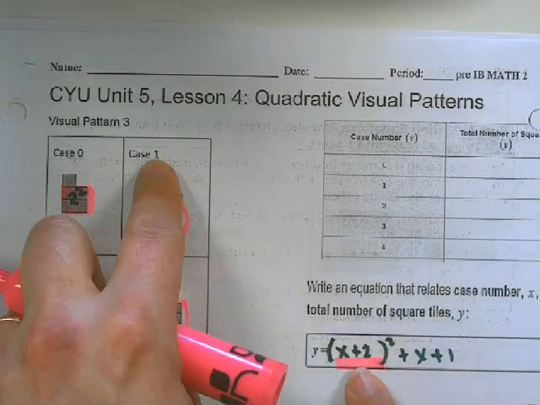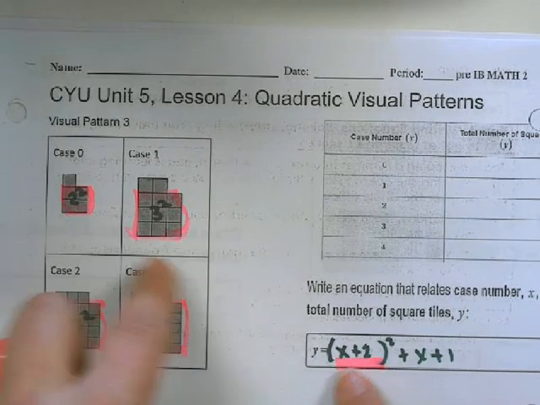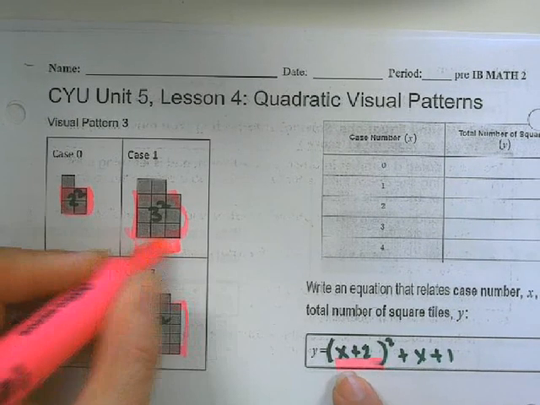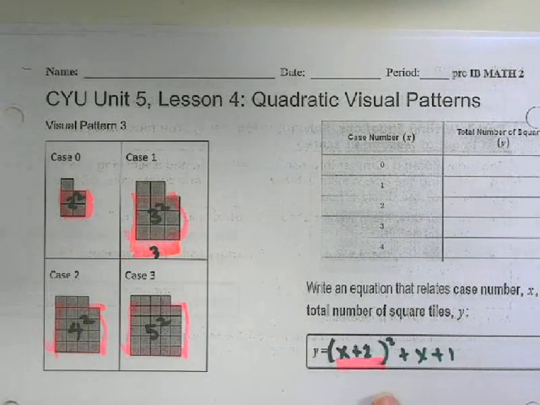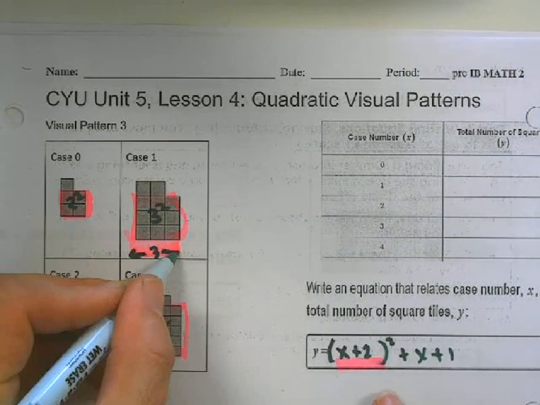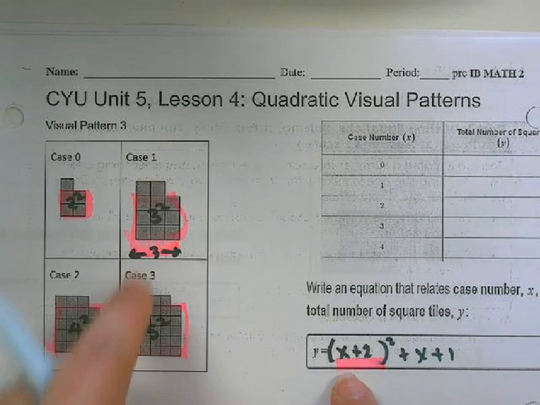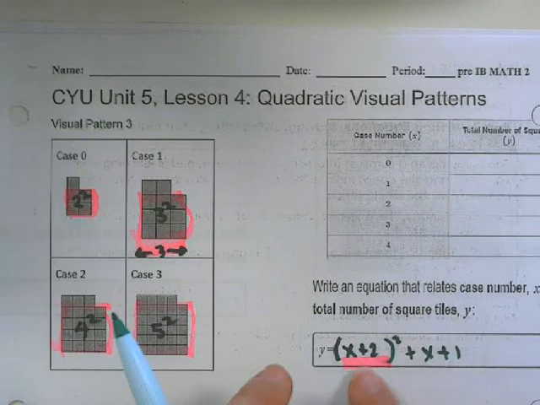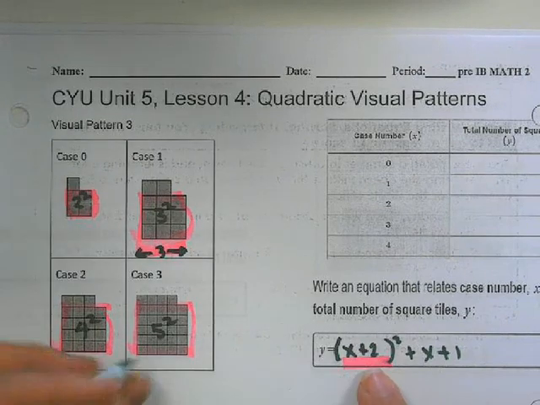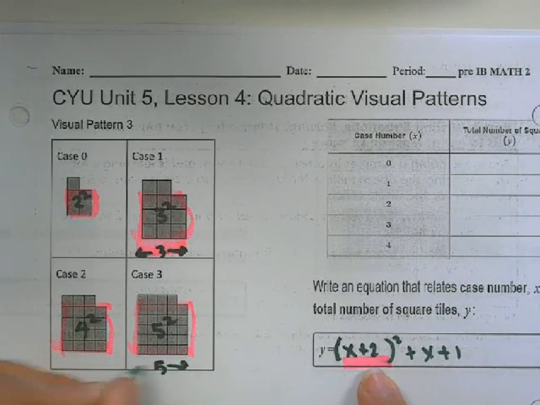So if I add 2 to case 1, that means this side has a length of 3. Okay, from here to here. And then in case 3, I would have 3 plus 2, which would give me 5, and that means the distance between here and here is going to be 5.